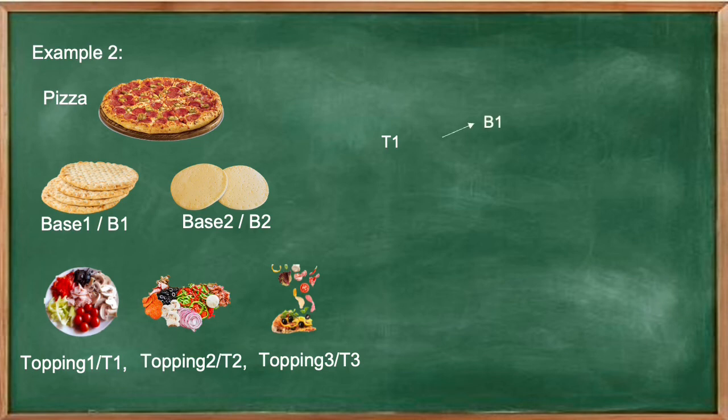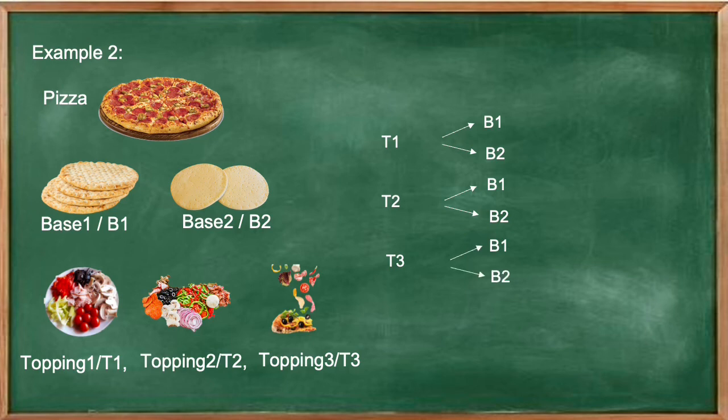Topping 1 with base 1, topping 1 with base 2, topping 2 with base 1 and topping 2 with base 2, topping 3 with base 1 and topping 3 with base 2.